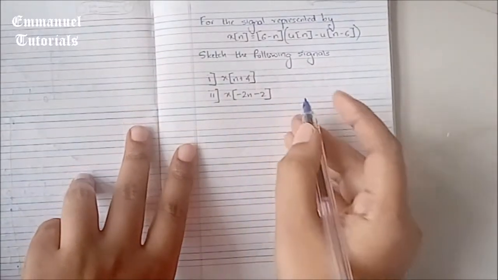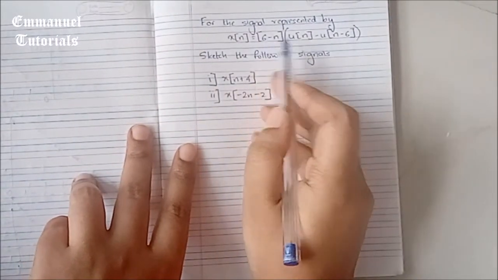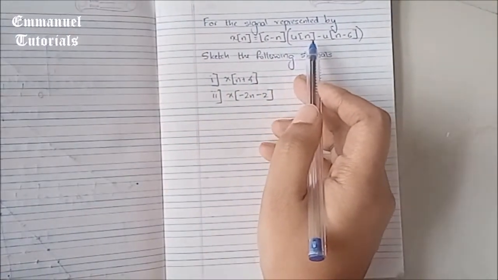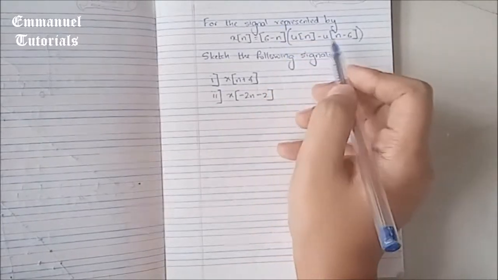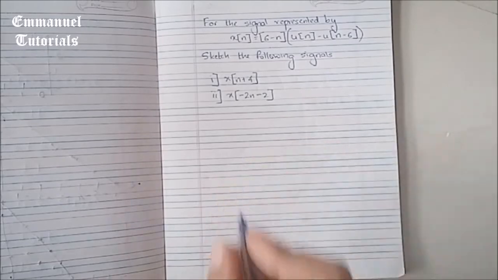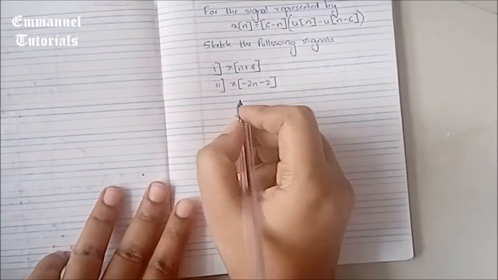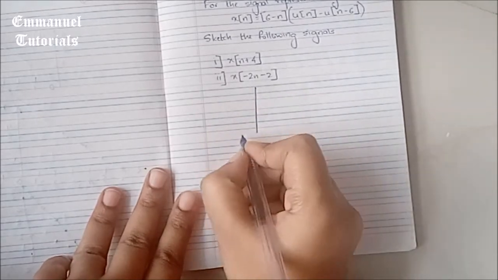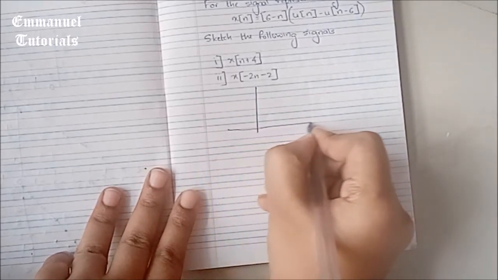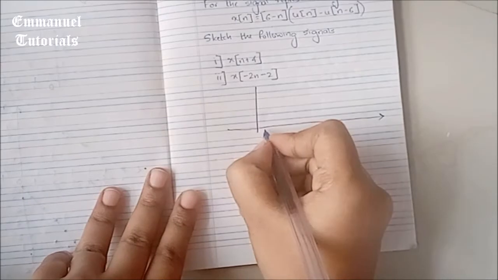So for that, you can see that you have (6 minus n) multiplied by [u of n minus u of n minus 6]. First we'll try to find out the signal in the bracket. Now you know what is u of n. U of n is a unit step signal and here it's a discrete kind of signal. So first we'll try to sketch that.